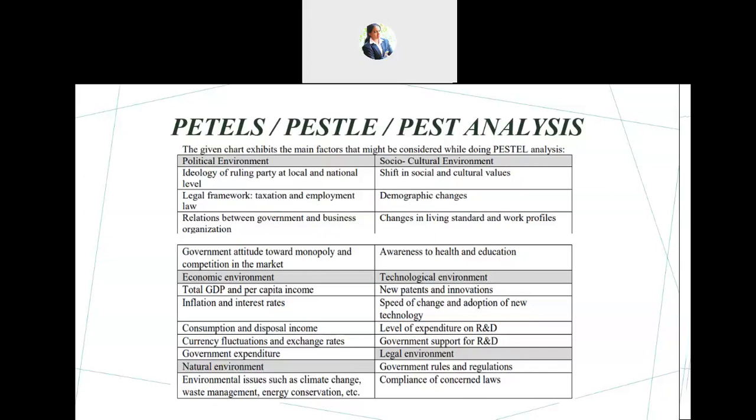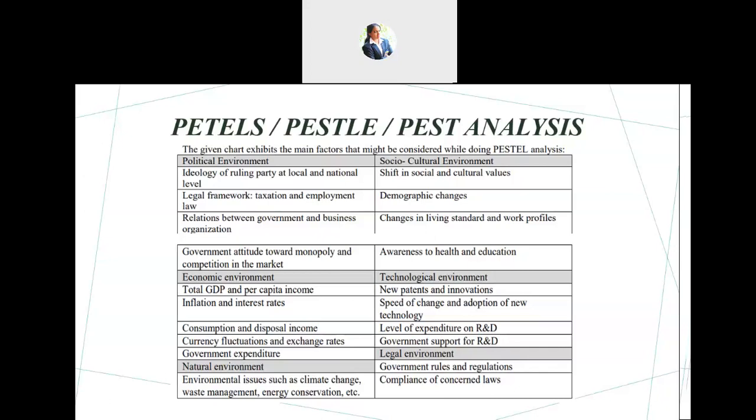Now, often the managers learn about political, economic, social, and technological factors only. In that case, they conduct the PEST analysis. PEST is also an environmental analysis, but it is a shorter version of PESTLE analysis.